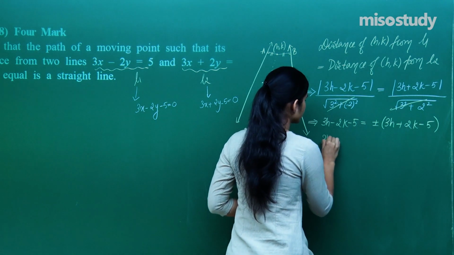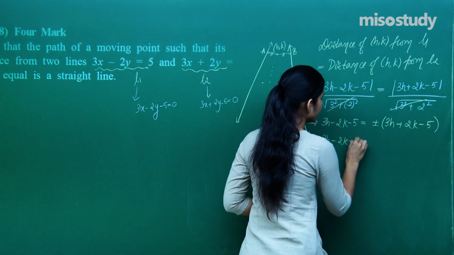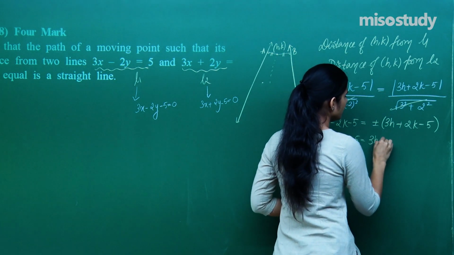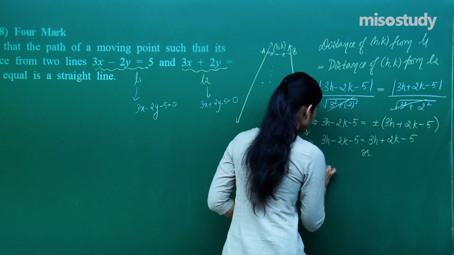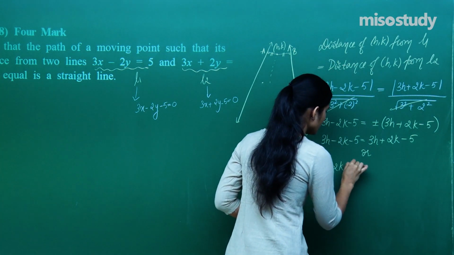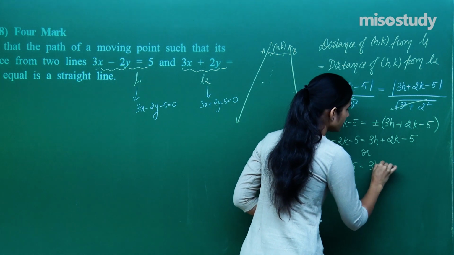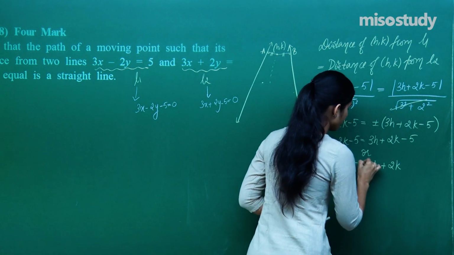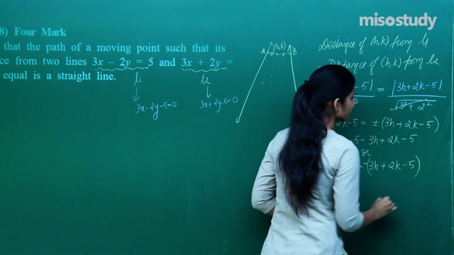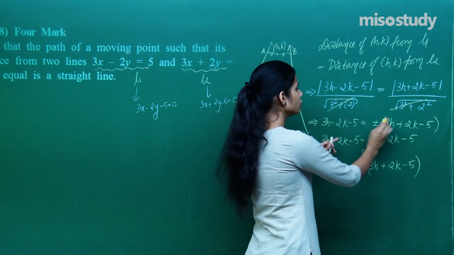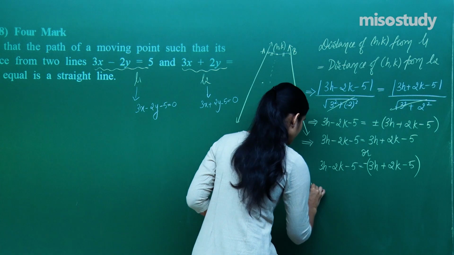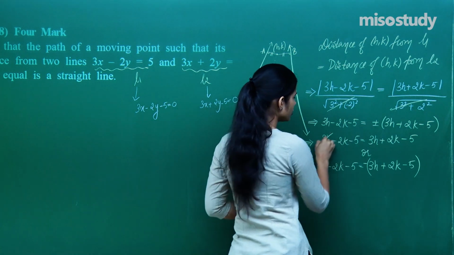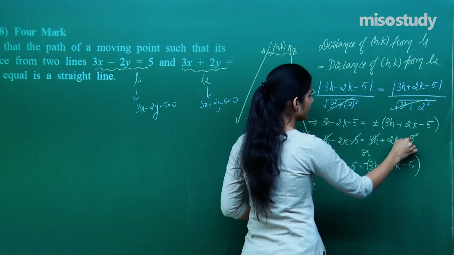So you have two things: 3h minus 2k minus 5 is equal to 3h plus 2k minus 5, or 3h minus 2k minus 5 is equal to minus of 3h plus 2k minus 5. Either this is equal to positive of this or this is equal to negative of this.